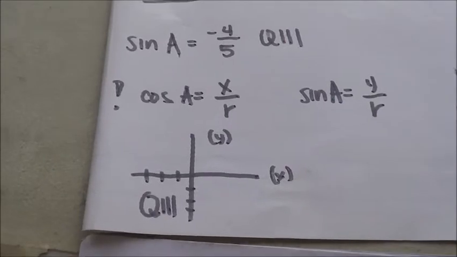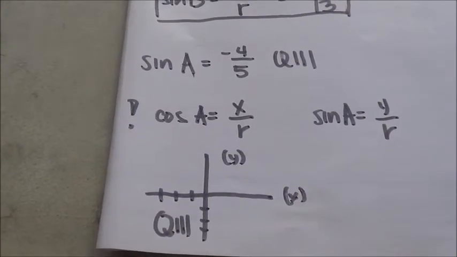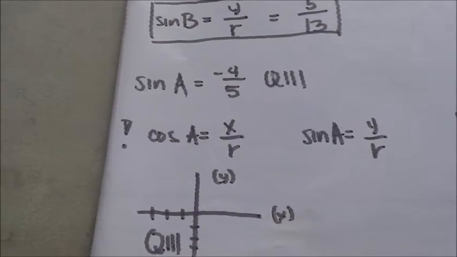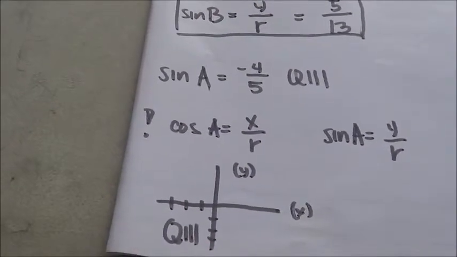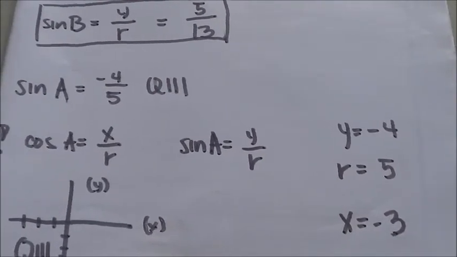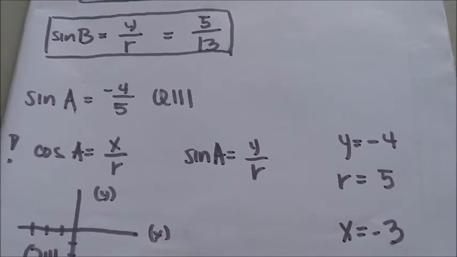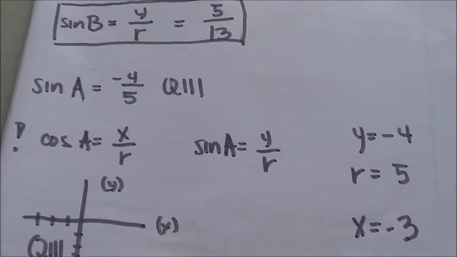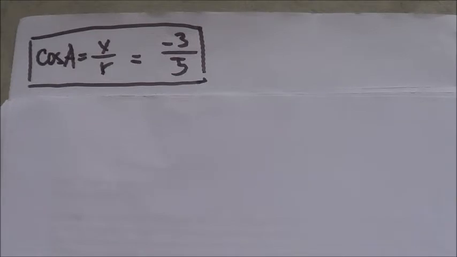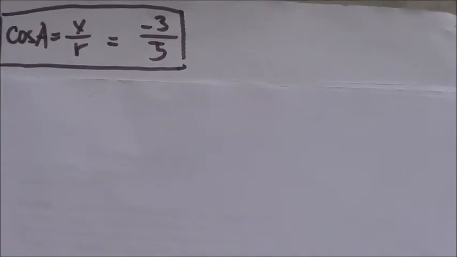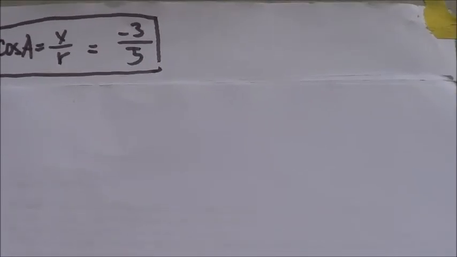In the third quadrant, the x value is also negative and the y value is also negative. So your y here is equal to -4 and your x is -3. Your r is equal to 5. By the way, you can get x using the Pythagorean theorem. We can now solve for the value of cosine A, which is just equal to x over r, which is equal to -3 over 5.